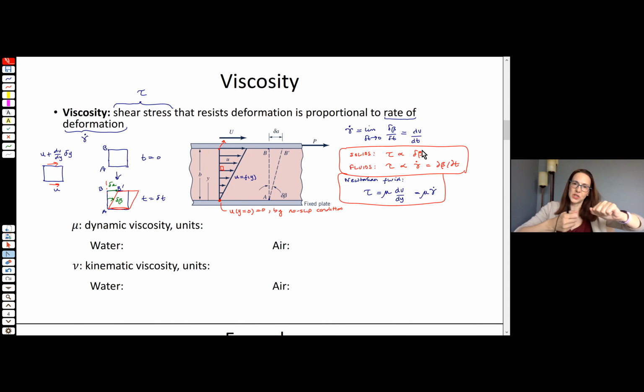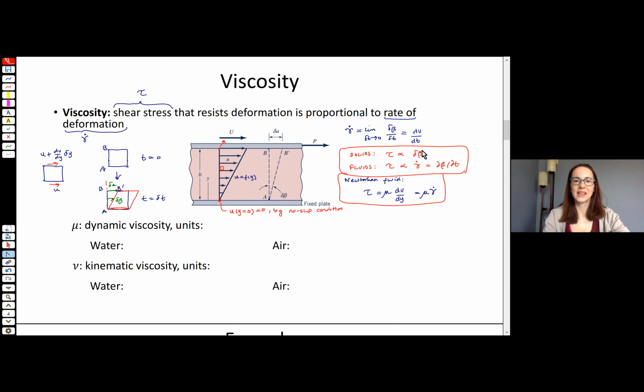So not how much a spring is stretched like it is for a solid, but the rate at which it stretches. Does it stretch really fast, or is it really hard and slow to stretch? So for a solid, tau is proportional to just the deformation itself. In a fluid, fundamentally, the internal resisting force is proportional to the rate of deformation. So high viscosity, low viscosity, deformation.